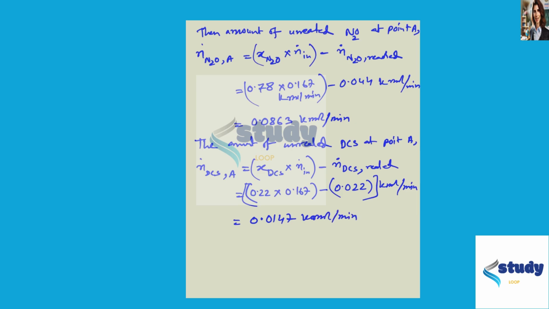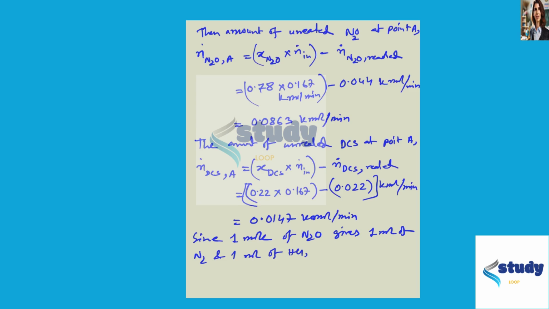Since each mole of nitrous oxide reacted creates 1 mole of nitrogen and hydrochloric acid, 1 mole of nitrous oxide produces 1 mole of nitrogen and 1 mole of hydrochloric acid.